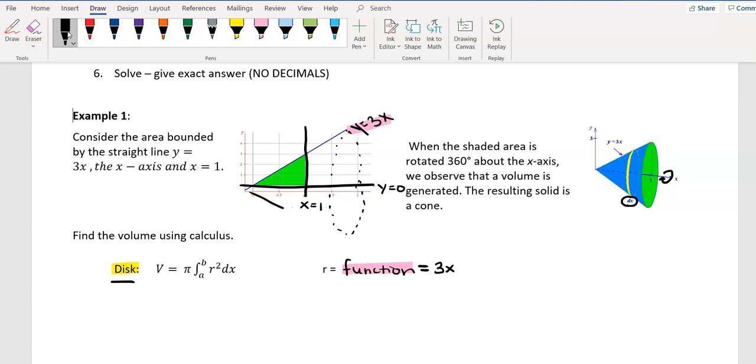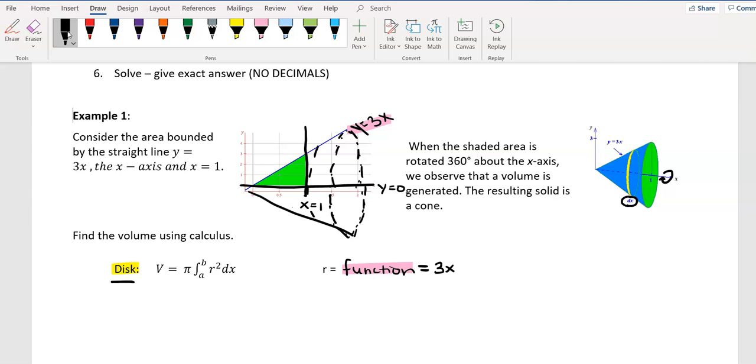And if we were to kind of draw it, so you can kind of see how it's being rotated. Okay. Just try not to laugh at my pictures because they can get a little comical. They're not exactly the most elegant, particularly when I'm doing them on the computer. So give me a little liberty here, and I'll try my best. But anyway, so we have defined our radius. It is 3x.